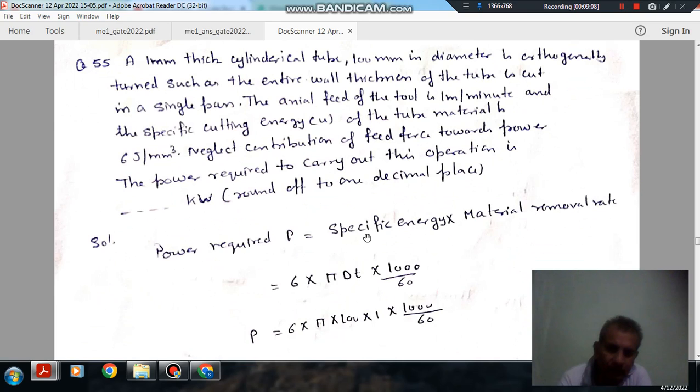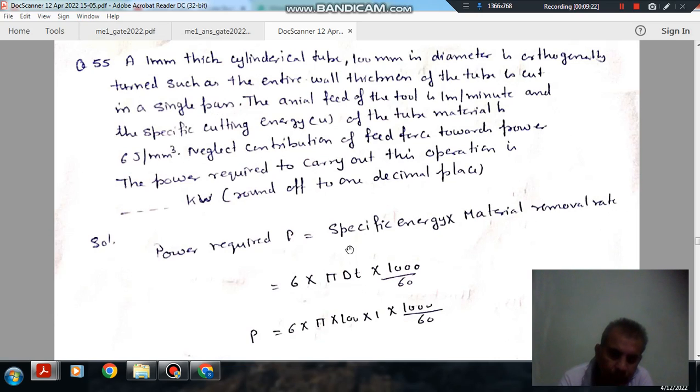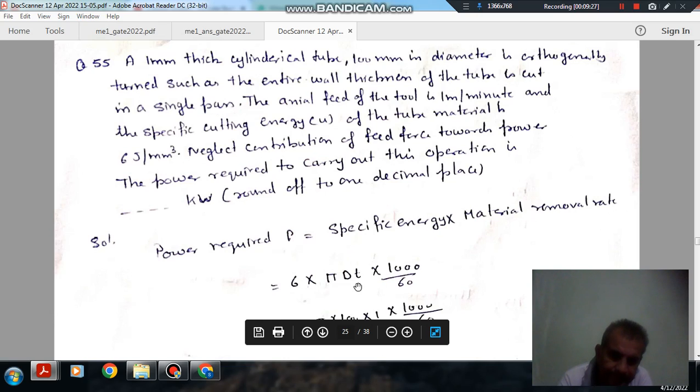So the power required is specific energy into metal removal rate. Specific energy is 6, and metal removal rate is pi dt into velocity, that is the projected area of cut times the axial speed.